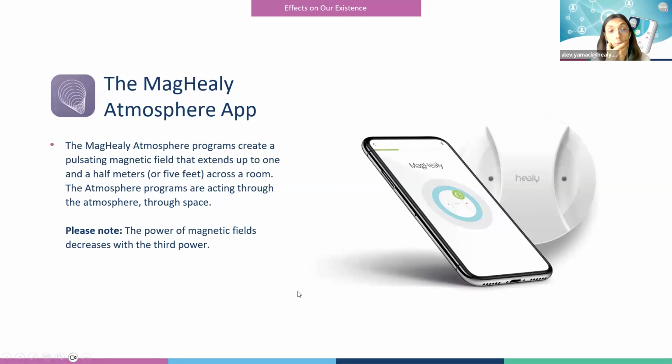How we basically applied this is mainly in the atmosphere programs. Those are created with a pulsating magnetic field. And as you should know, magnetic fields are in theory eternal. They never stop.